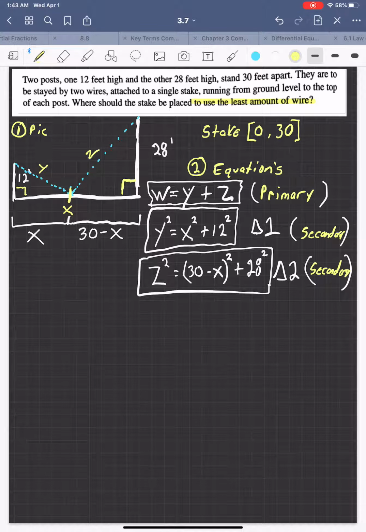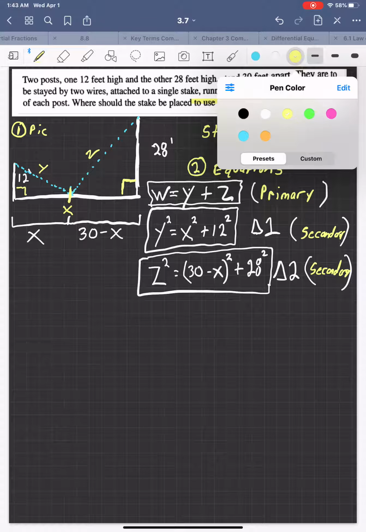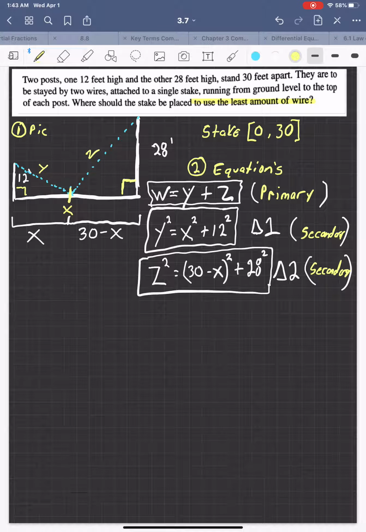Okay, so now we're going to move on to the third step. As you can recall in the previous video, the goal of the secondary equations is to help you rewrite the primary equation.